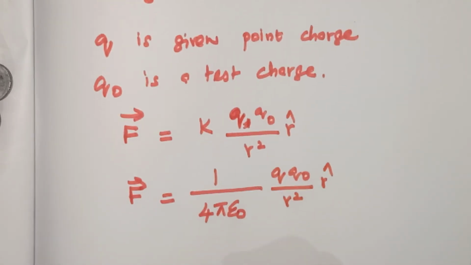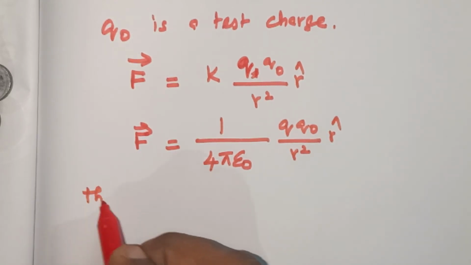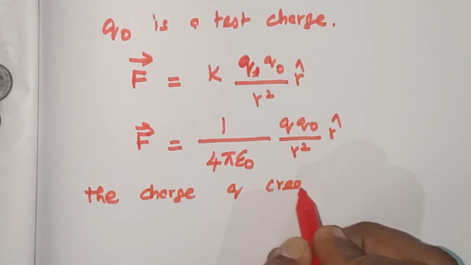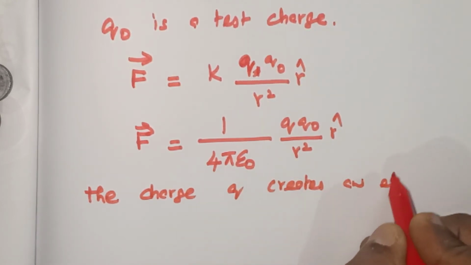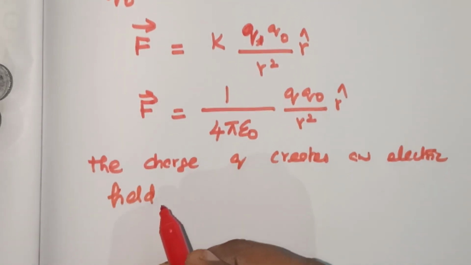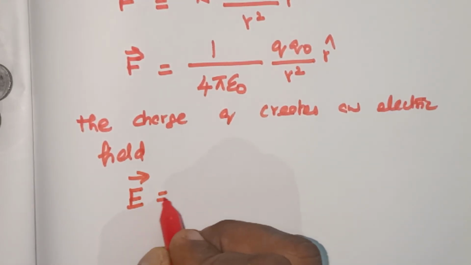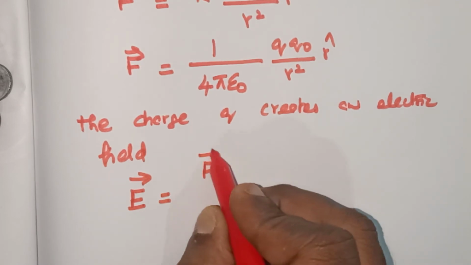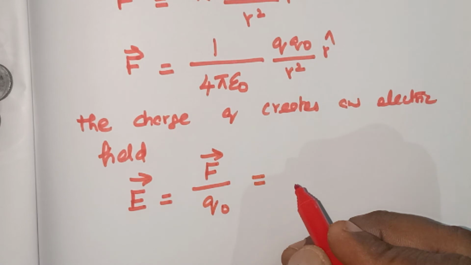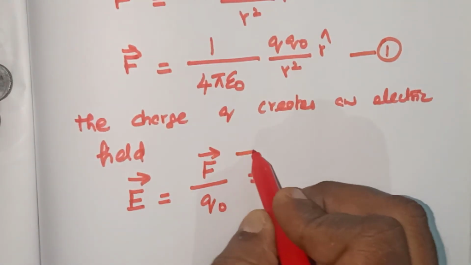The charge Q creates an electric field. So E vector equals F vector divided by Q naught. So I am substituting the value of F here. Take this as equation number 1, this as equation number 2.